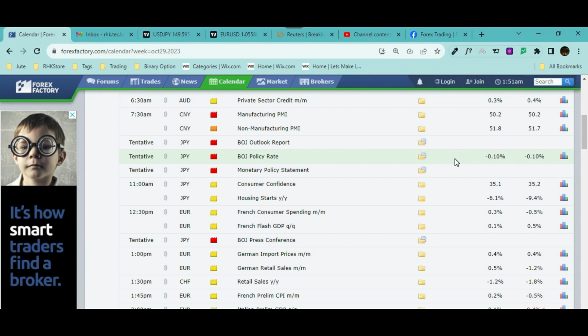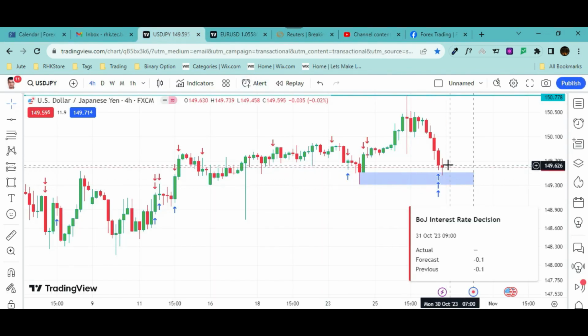And as it has been broken already, there is a high chance that this interest rate can be changed. We are not sure. If this interest rate changes, this is the fundamental impact we have to consider: automatically the US dollar and Japanese yen will go down, no doubt about it.